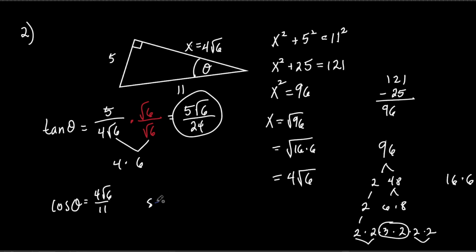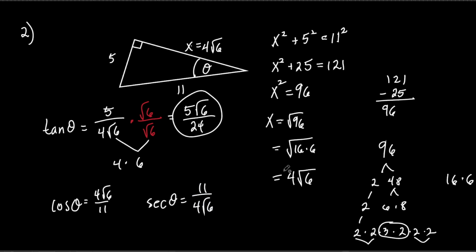So what is the secant of that angle? I know I'm kind of jumping around a little bit. I'm just trying not to do every single one of them, and it looks like I'm pretty much ending up doing every single one of them. How do I find the secant? The secant is the inverse of the cosine, so what's the inverse? It's 11 over 4 square root of 6.